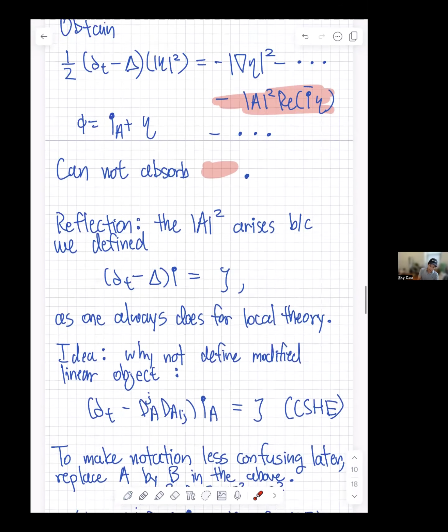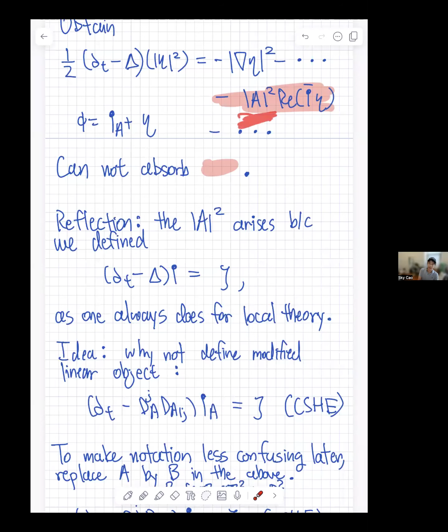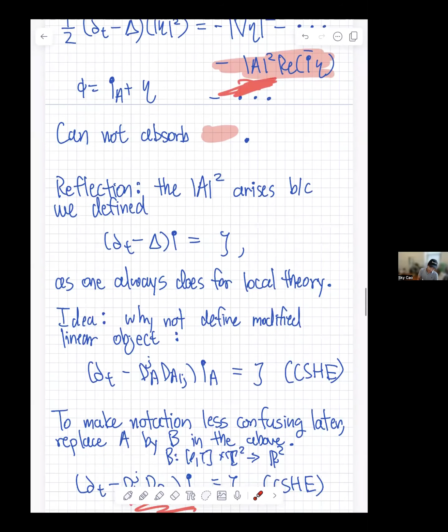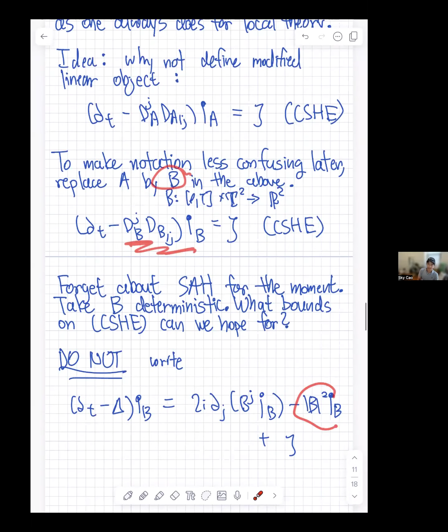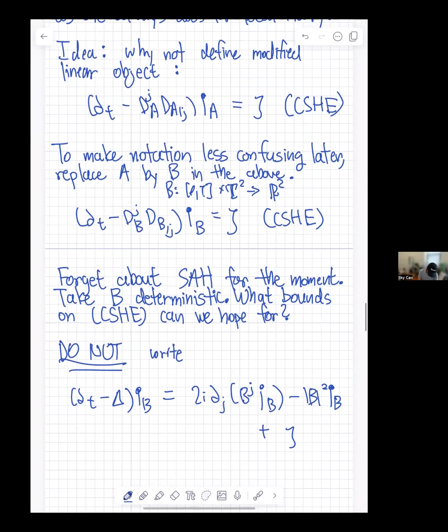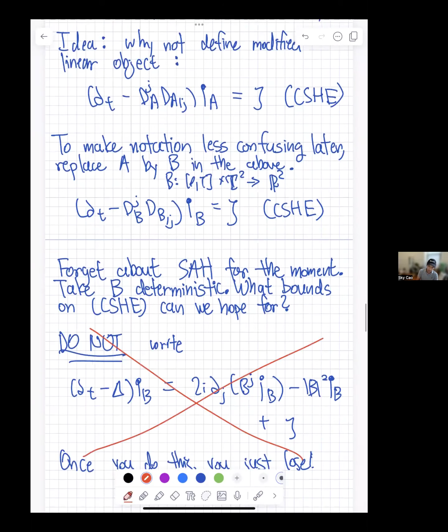This was the problem for us, this quadratic dependence on A, which I'm now calling B, but now I just see it again here. So we have to avoid this somehow. Once you do this, you just lose. So yeah, you don't do this.